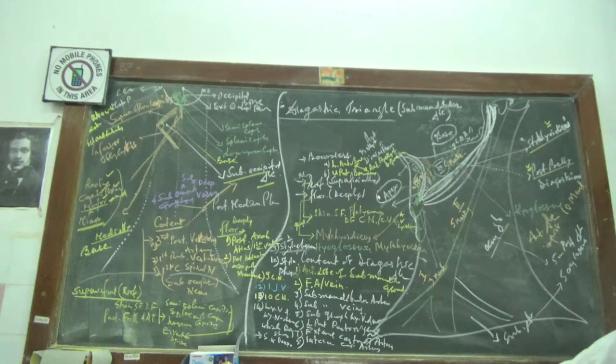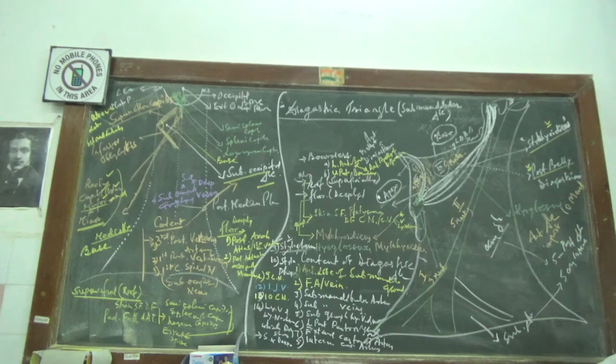Okay, with this, the triangles of the neck are over. Now the question: how many triangles are there in the neck? Mainly two, anterior and posterior, and one more triangle below the occipital bone.